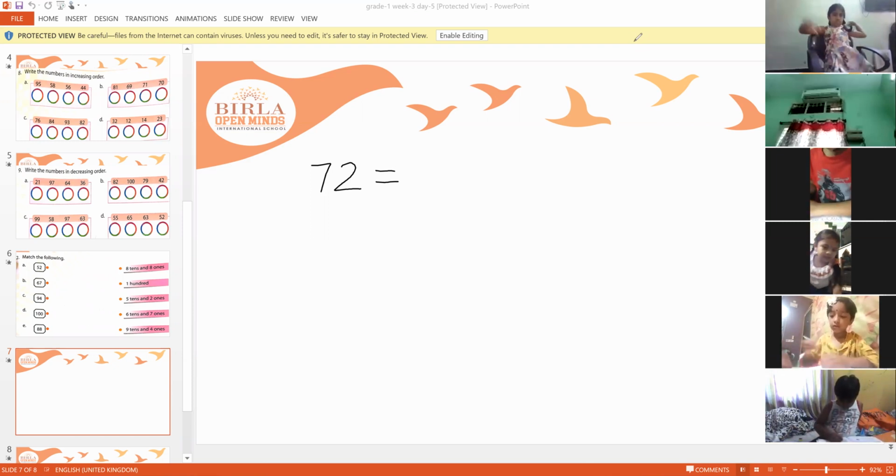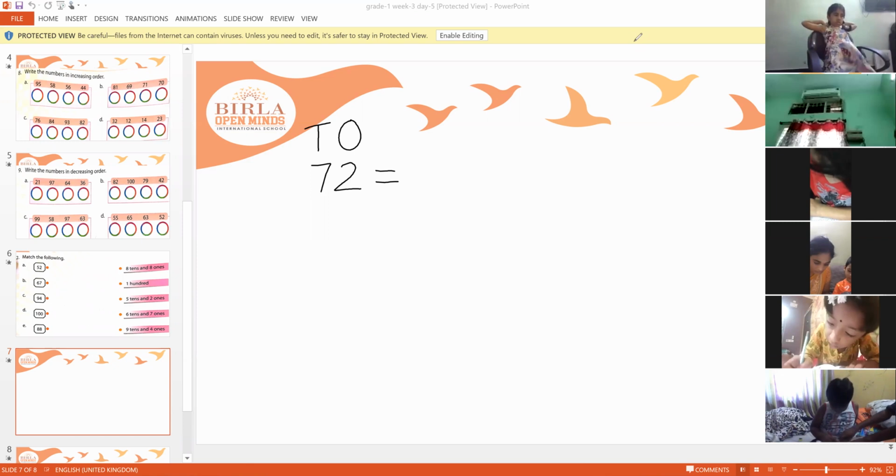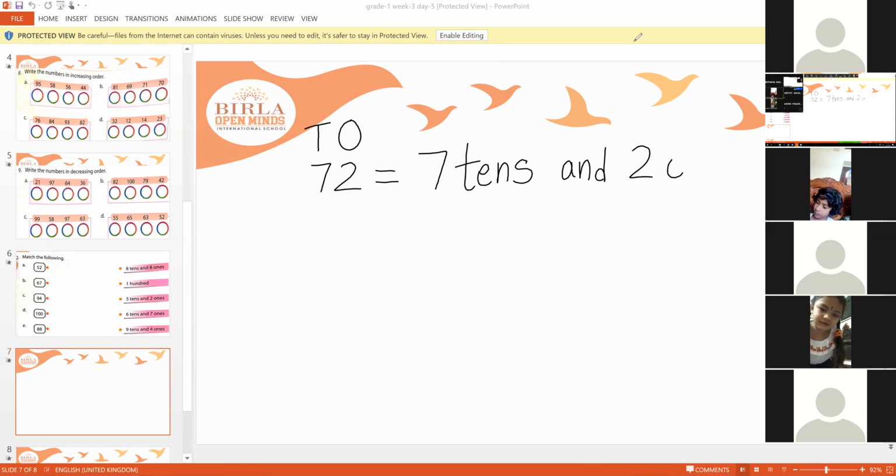How can I write this number 72 in ones and tens forms? We will write 7 tens. And how many ones? What is the number in ones place here? 2 ones. Very good, Shri Shagvi.